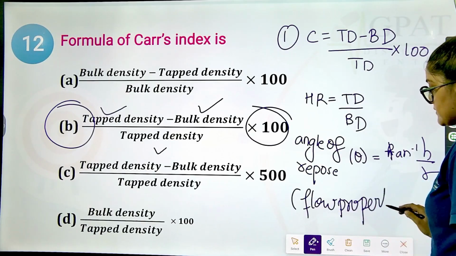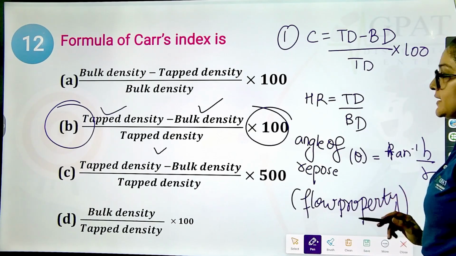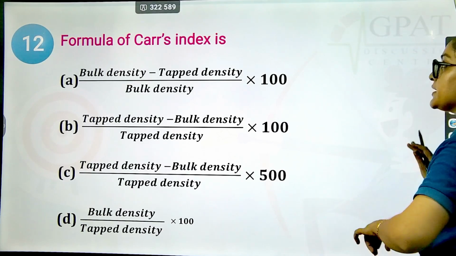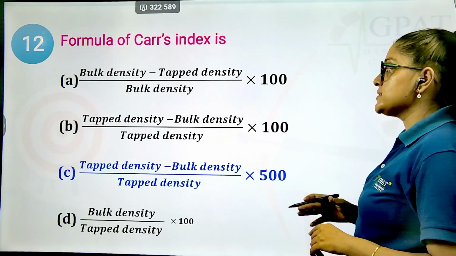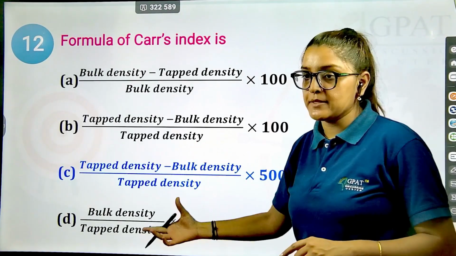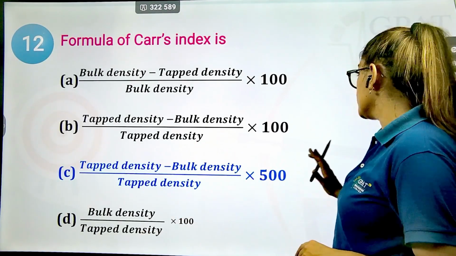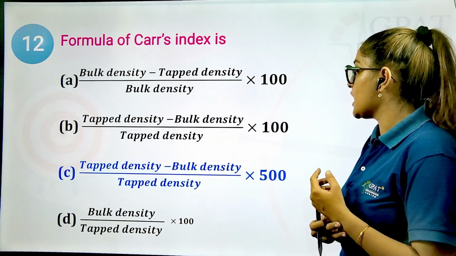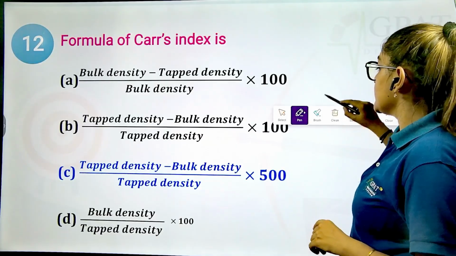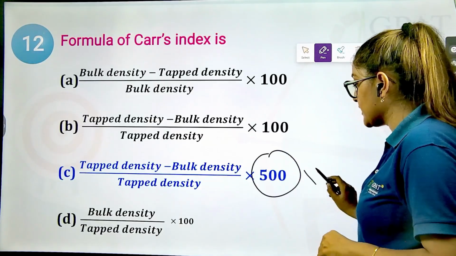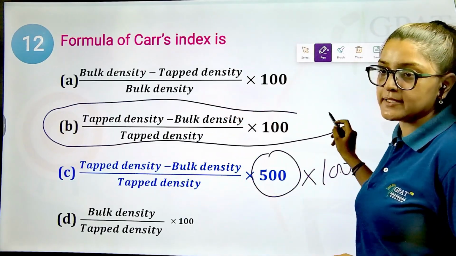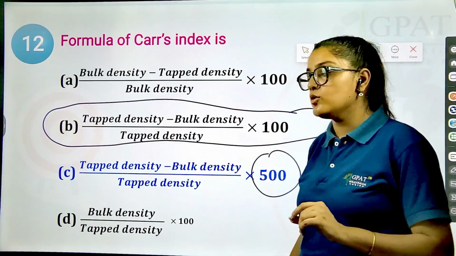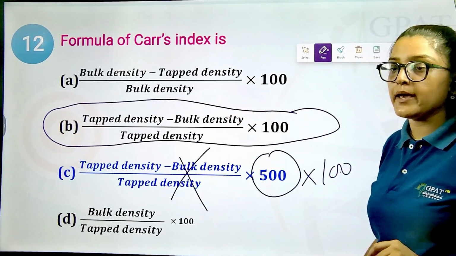So many questions we have seen today, which gives us a clear indication of how important this topic is. Now you may get confused because here the answer is incorrect: it should have been 100, not 500. So we are sticking to our correct answer, tap minus bulk upon tap into 100. This one is wrong.